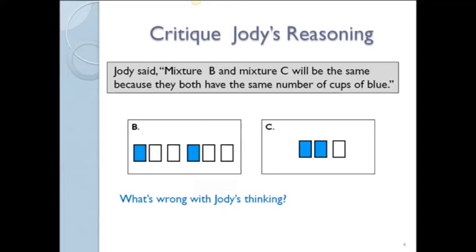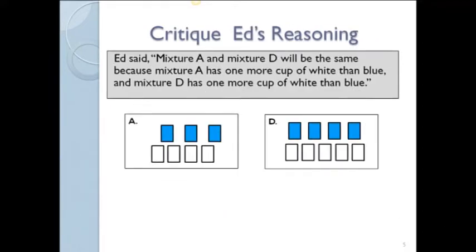She's not thinking about the relationship between blue and white. Ed said mixture A and mixture D will be the same because mixture A has 1 more cup of white than blue, and mixture D has 1 more cup of white than blue. What's wrong with Ed's thinking? Ed is thinking about the relationship between blue and white, but he's using additive thinking instead of multiplicative thinking.